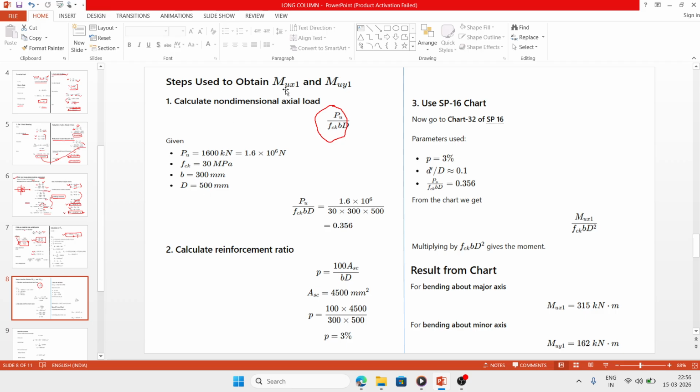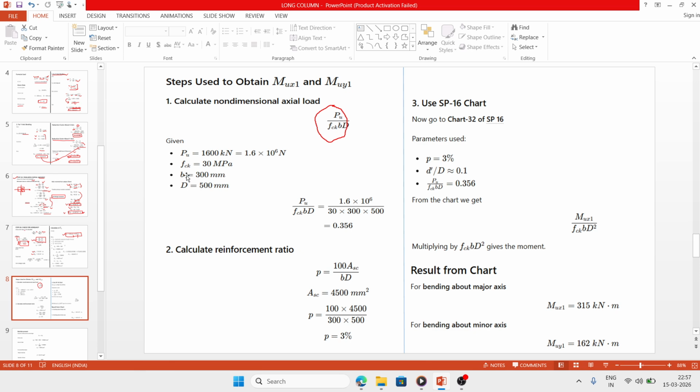A step is used to obtain the MUX1 and MUY1. So you have to calculate the non-dimensional axial load. First you have to find PU by FCK BD. PU is 1.6 into 10 to the power 6 newton, because it is given in kilonewton; we have converted to newton, so you multiply with 10 to the power 3.